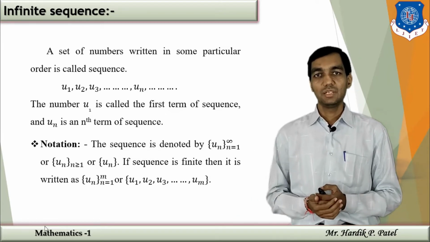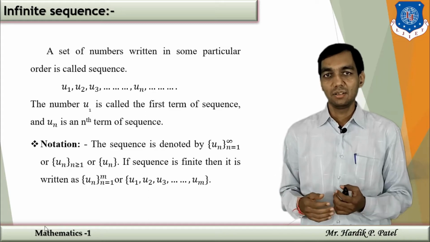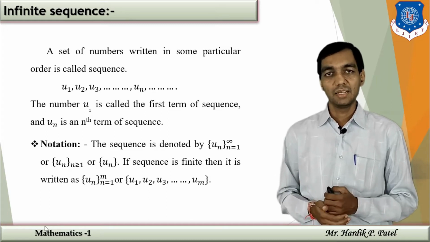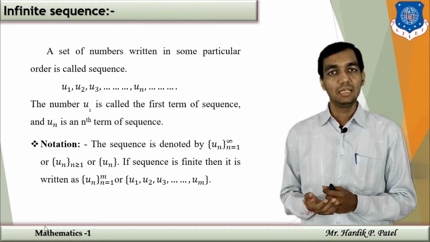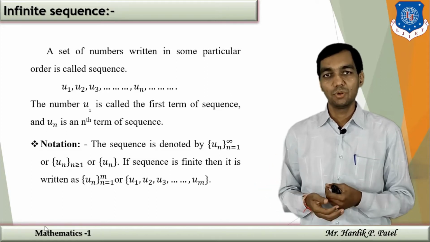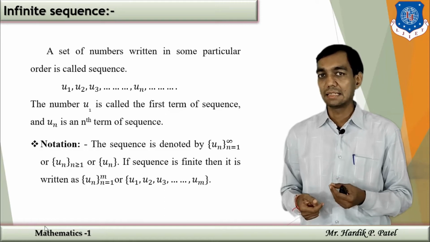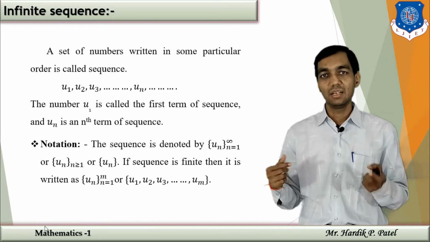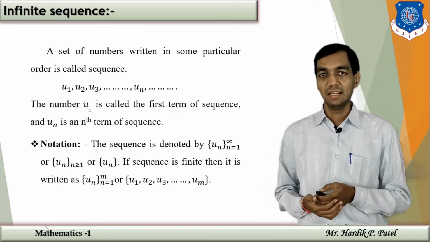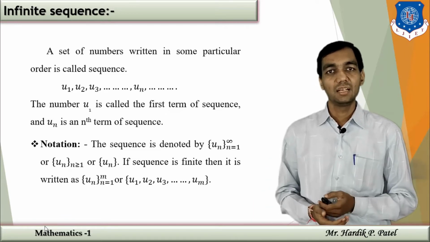The notation of a sequence is nothing but the set, or you can say the curly bracket un, where n is running from 1 to infinity, or you can write it in the form of curly bracket un where n is greater than or equal to 1, or simply curly bracket un. These three are the notations for infinite limits.